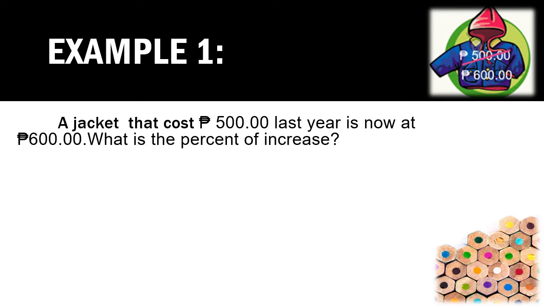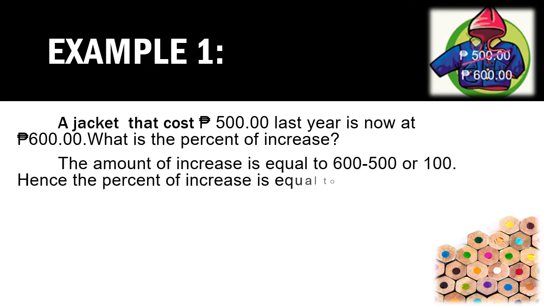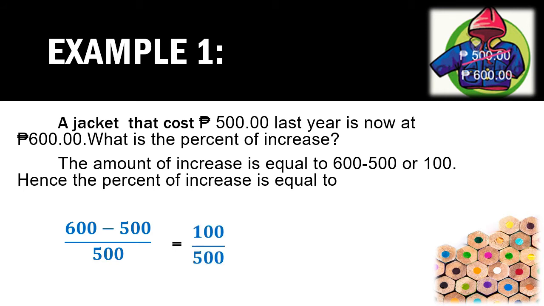Since from 500 we have 600, therefore we're looking for the percent of increase. So the amount of increase is equal to 600 minus 500, or 100. Hence, the percent of increase is equal to 600 minus 500 over 500, which was the original price. It's equal to 100 over 500.